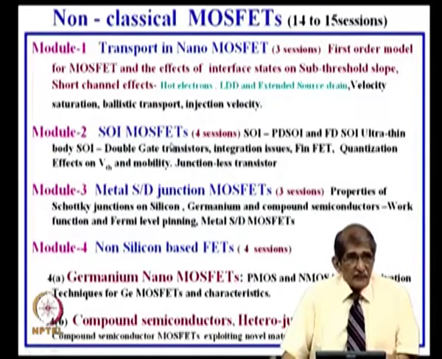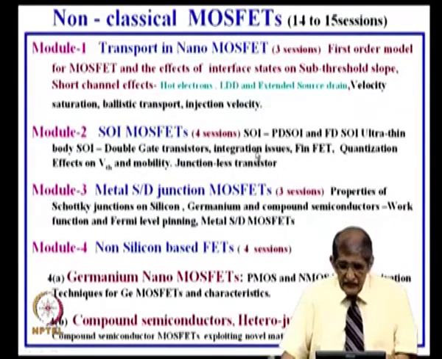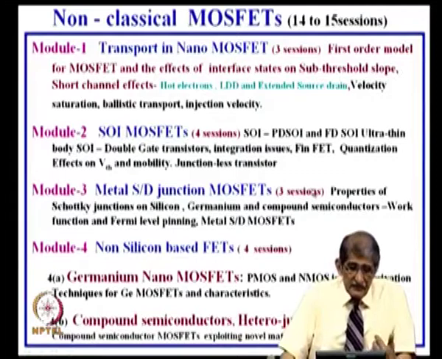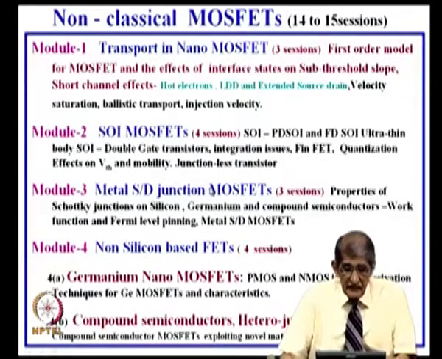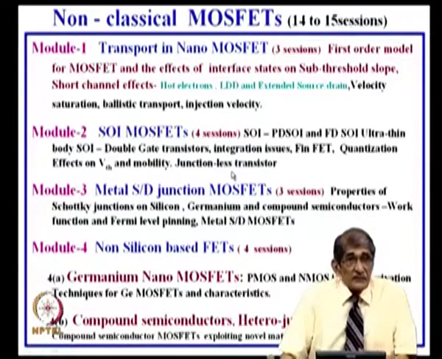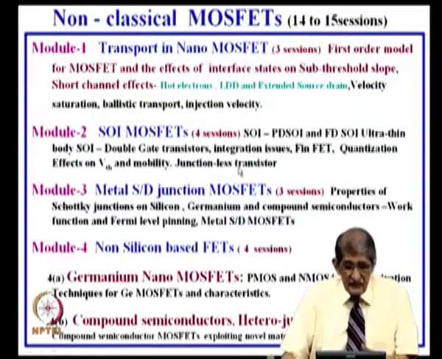Silicon on insulator MOSFET, SOI MOSFET, and here we discuss various versions of this type of MOSFETs, including the FinFET, and also discuss the quantization effects on threshold voltage and mobility, and ultimately the latest version of these devices called junctionless transistor.